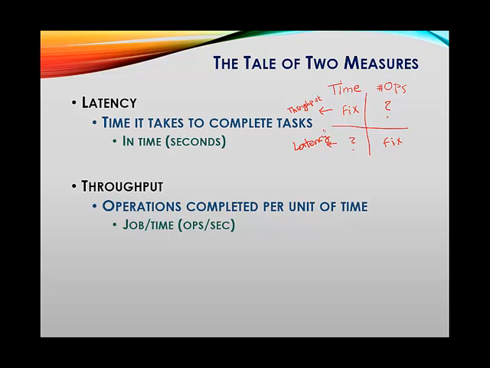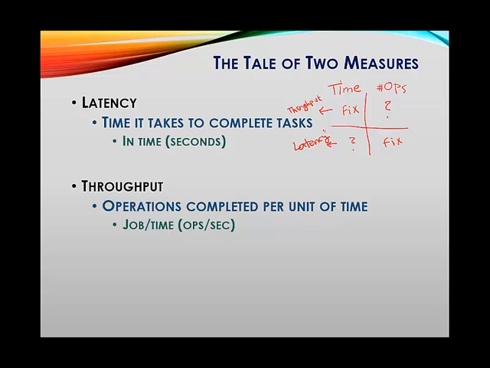It's counterintuitive because one might say, oh well, having low latency, you finish operations faster, so how would that not be increased throughput? If you can finish one operation in a short time, how can you not complete more operations in the same fixed amount of time?